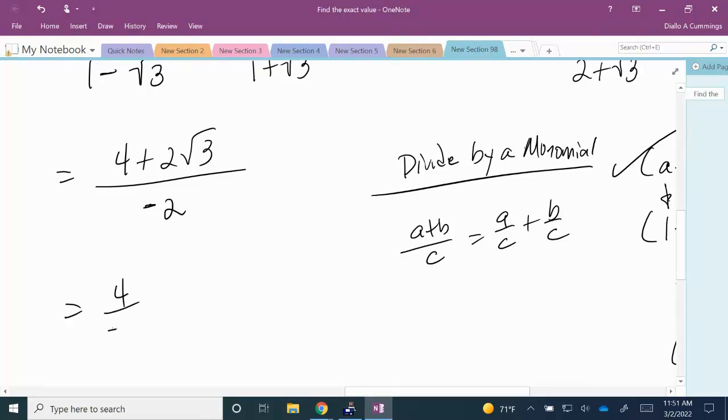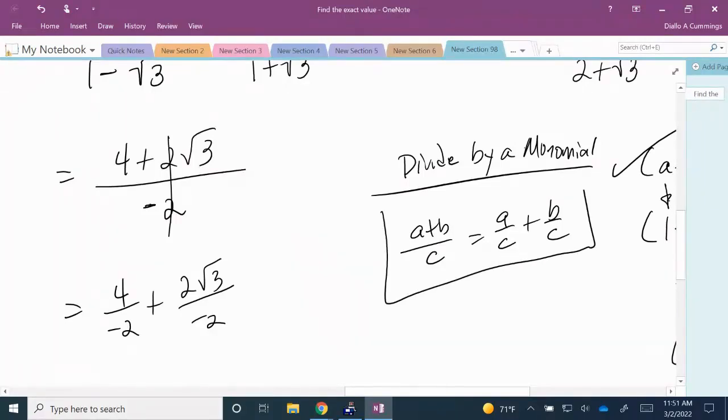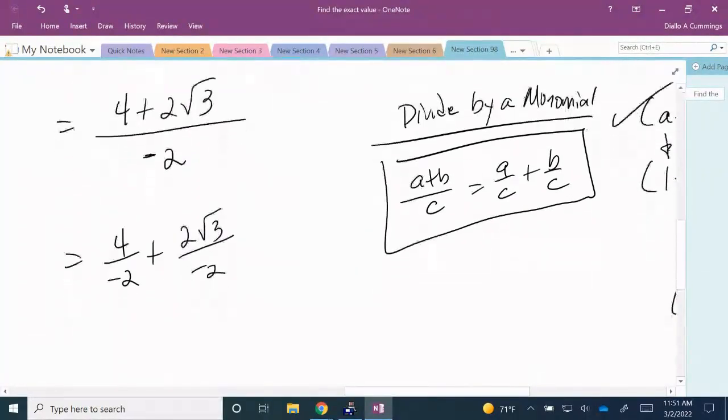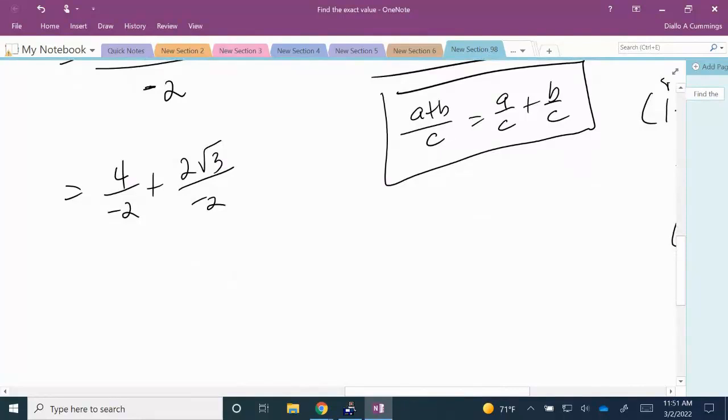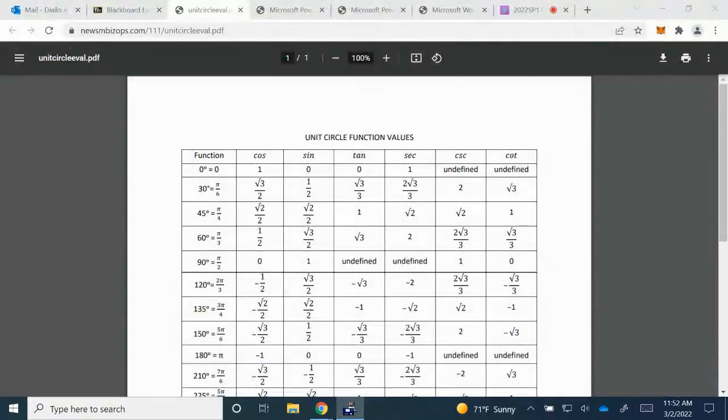So I'm going to write this as 4 over negative 2 plus 2 square root of 3 over negative 2. One thing you don't want to do in this case is just straight cancel, because that violates our formula. Notice I'm splitting it up first, and now I'm going to reduce. So 4 divided by negative 2 is negative 2. A positive divided by a negative is a negative.